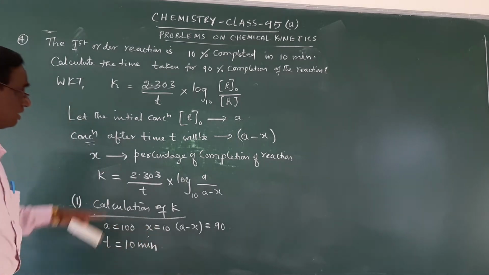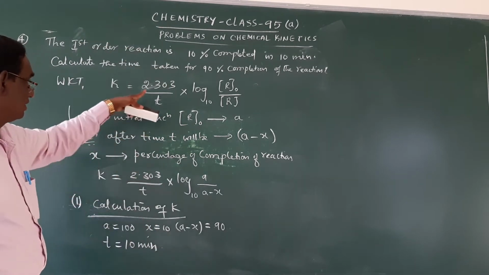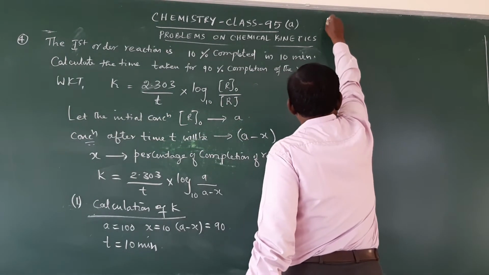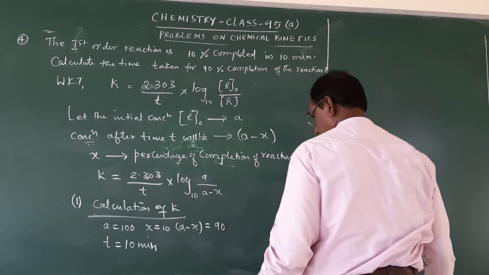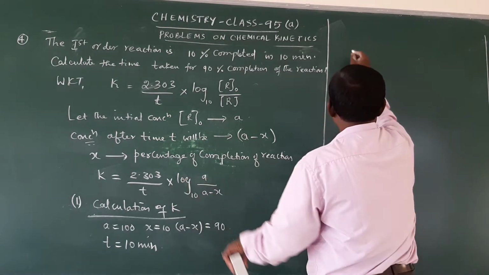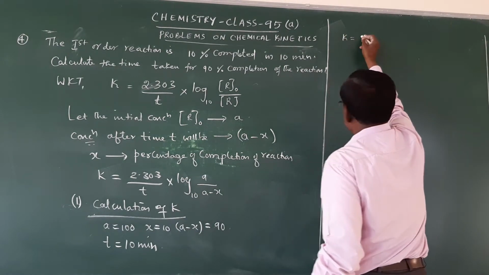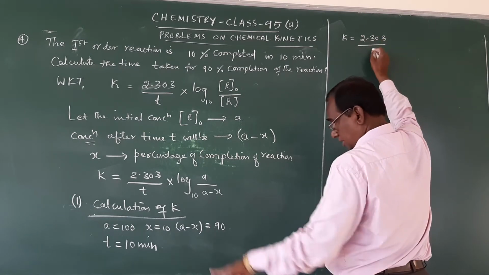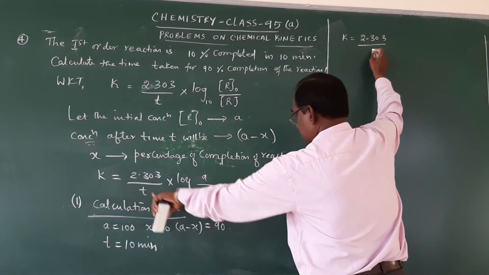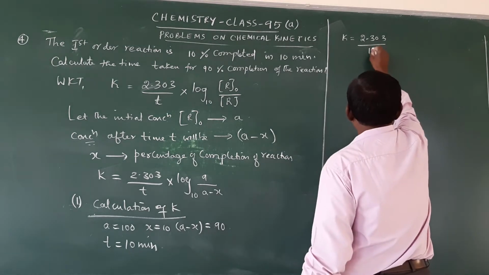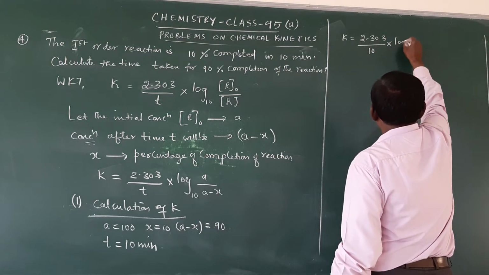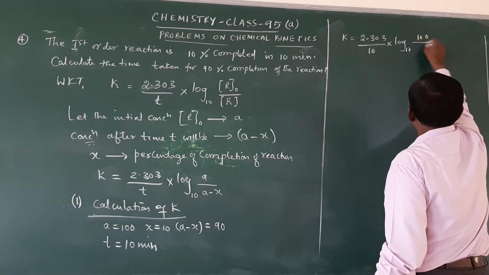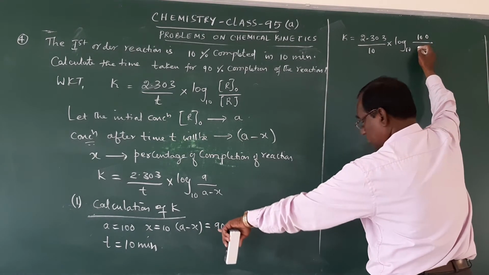Now let us substitute all these in the equation. So k is equal to 2.303 divided by t, which is 10, into log to base 10 of a, which is 100, divided by a minus x, which is 90.